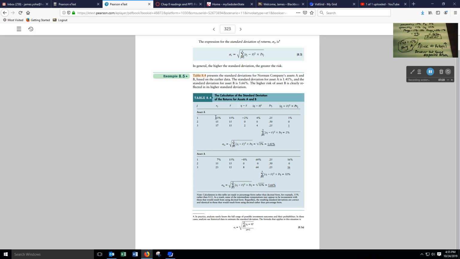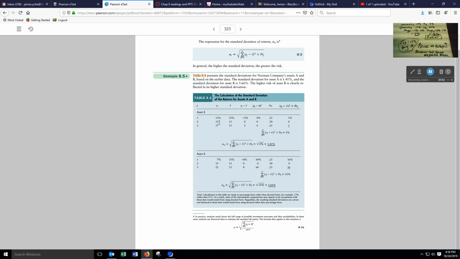So I'm going to take the return for each scenario and subtract the expected return. So the pessimistic, that's going to be negative because the pessimistic return is always going to be less than the expected or the mean return. So 13 minus 15 is negative 2%, and we're going to square that.